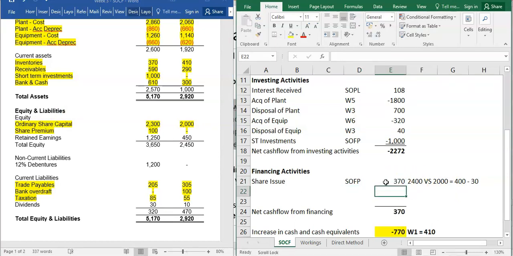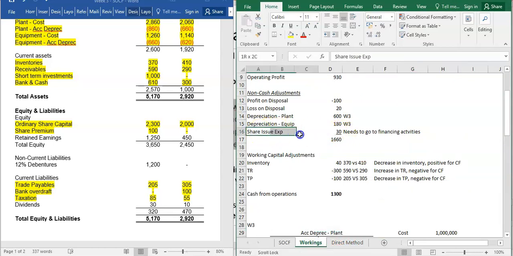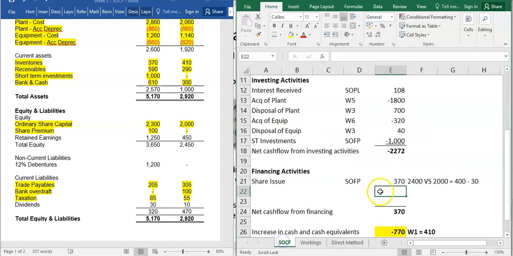So remember that, a lot of you might have forgotten from before. We said you add back share issue expense, that should go to financing activities. So we bring it in here to say you raised 400,000 worth of new shares, 30,000 of that was actually spent on issuing the shares. So the net raise was 370.